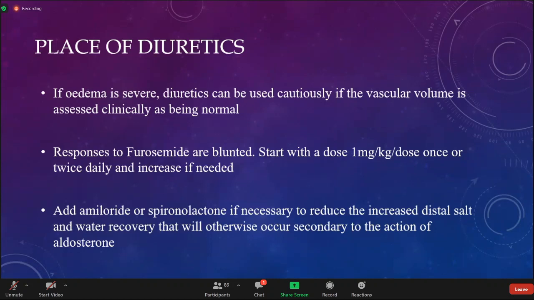Therefore, sometimes we need to use spironolactone or amiloride to antagonize the aldosterone action, and then it can reduce the edema of the child.